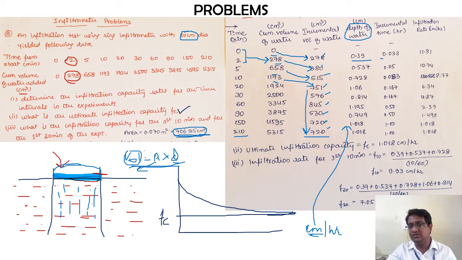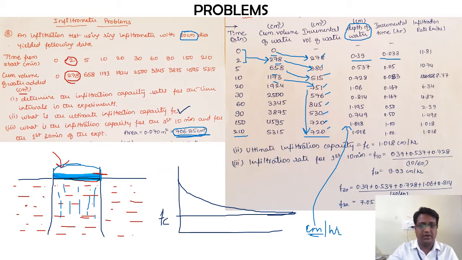Okay, so 0.033, how this is coming, I'll just try to show it over here. So to get this 0.033, how it has been done: 2 minus 0, so how much is this? It is 2 minutes, okay, divided by 60, so that you will get it in terms of hour.